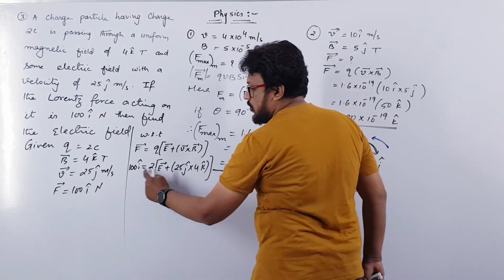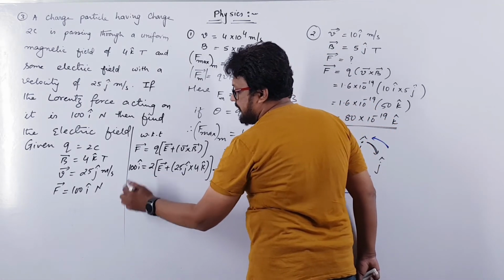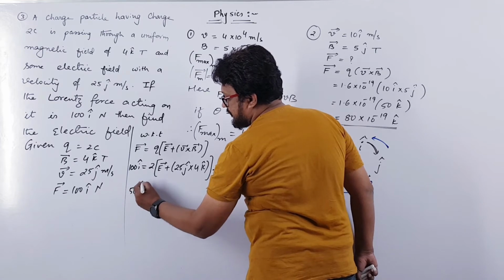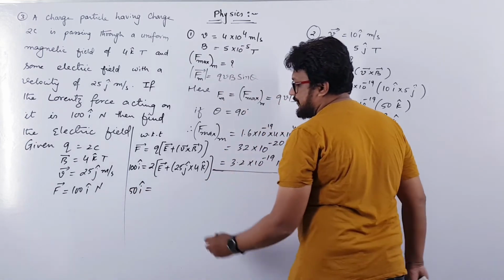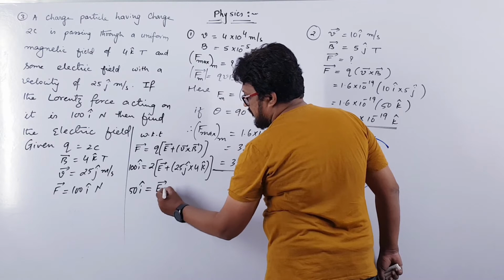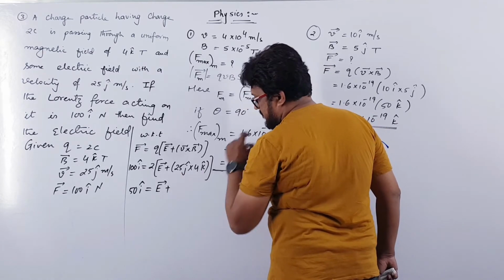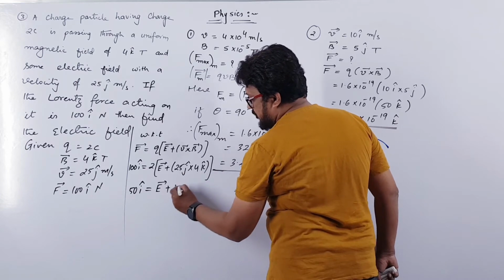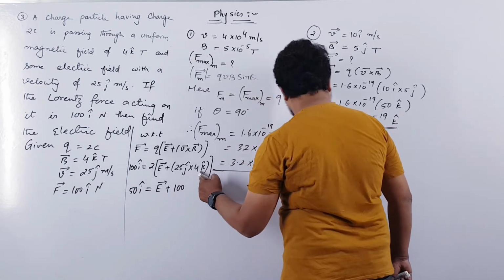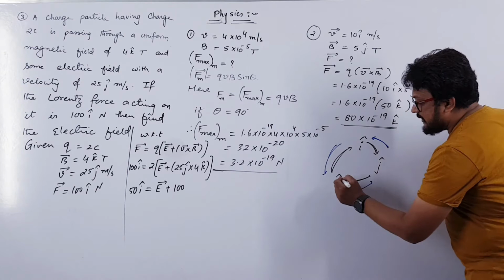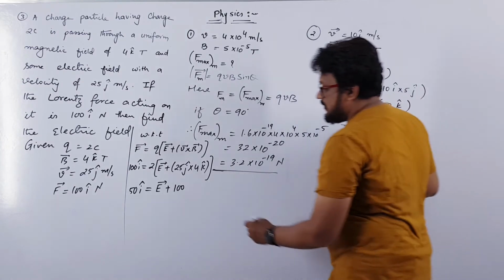So if you take 2 on the other side, this will be 50 I cap is equal to electric field, which is unknown, plus 25 into 4, 25 into 4 is 100. J cross K, as we have discussed, in clockwise direction will be I, so 100 I cap.